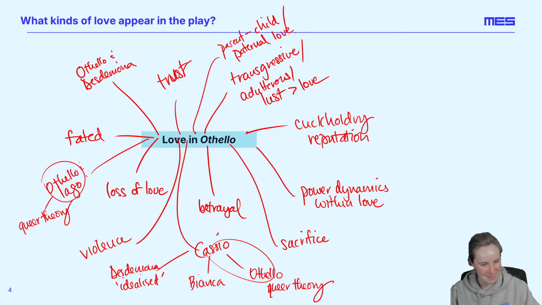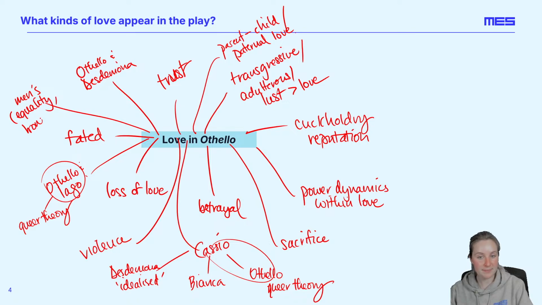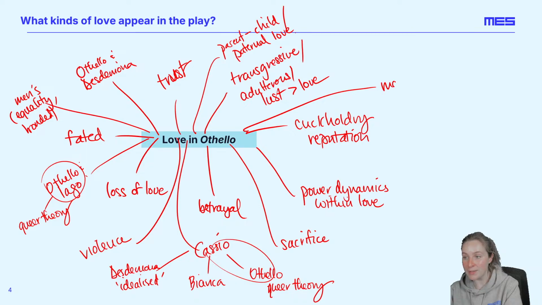Men's friendship, M11, 100%. So this idea of men's friendship being based on equality, right? They're considered bonded together. They're considered equals, whereas marital love is controlled by the man.